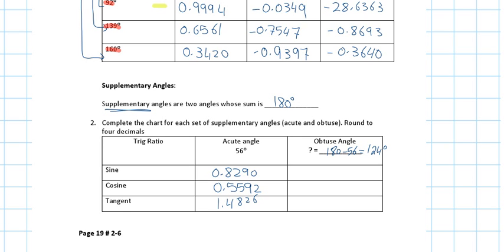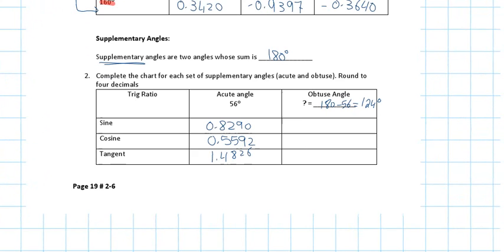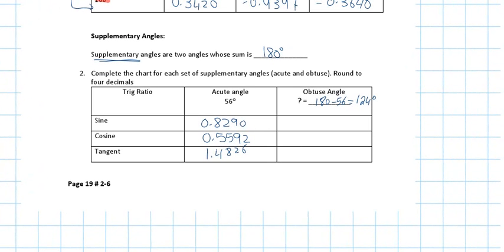All right, so if I'm looking at sine 124 without using a calculator, what would it be? Sine is going to be the same. Don't use a calculator, right? We've already used the calculator for 56. So the sine of 124 is going to be exactly the same thing as sine 56.